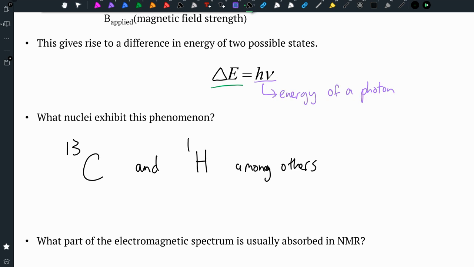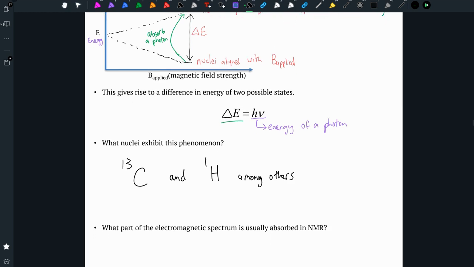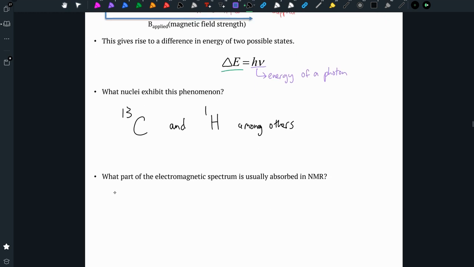And it turns out these energy differences are small, even with a very strong magnetic field. Delta E is small. So what are the smallest energy photons that we have? What's that very low energy end of the spectrum? So that would be radio waves.